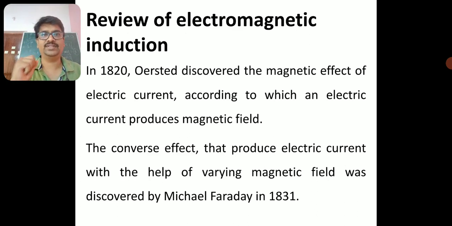The magnetic effect of electric current was discovered by Oersted in 1820. Eleven years after that, the converse process was discovered by Michael Faraday, in 1831. It means a current is produced by a varying magnetic field. We'll see in detail how the current is produced with a varying magnetic field.